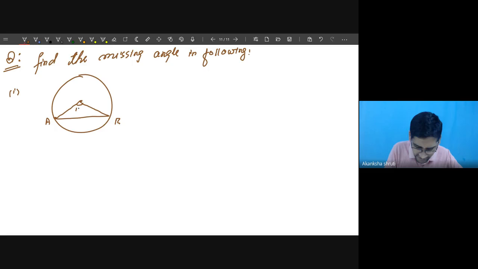Consider this as 120 degree. There is another point P where this angle is your theta or X. What is this one?